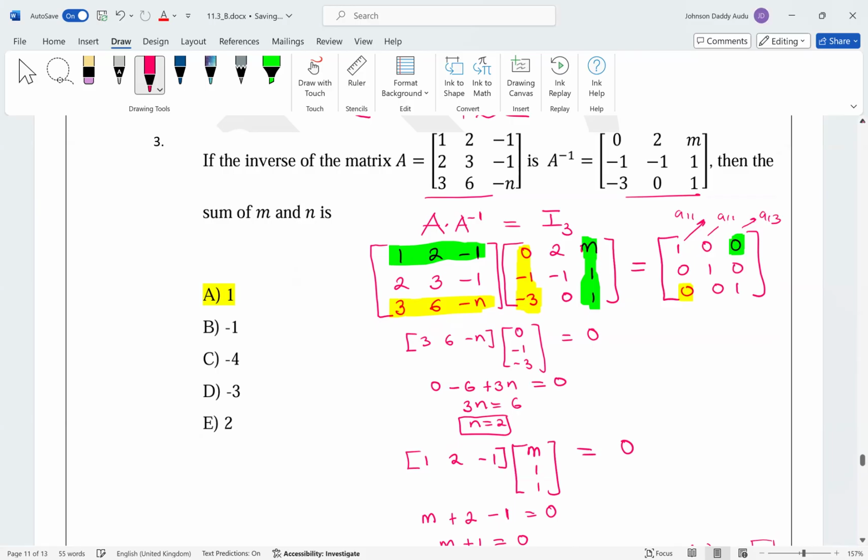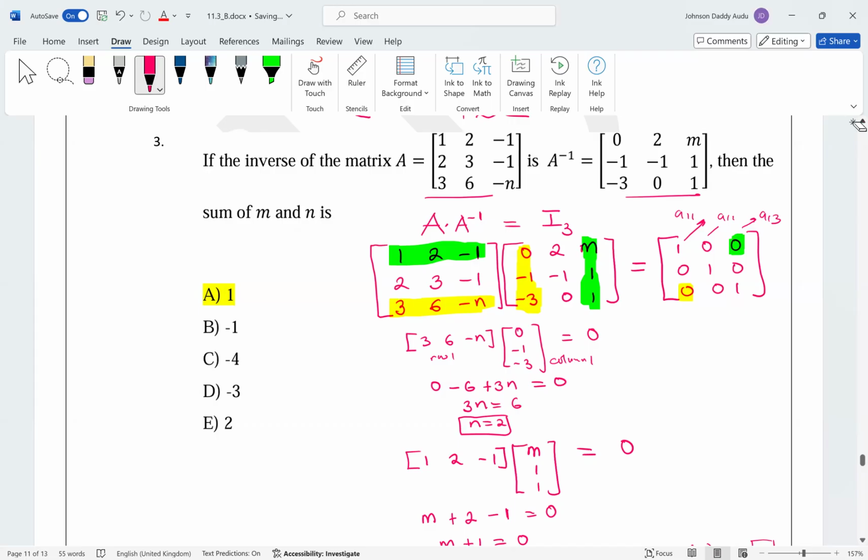So for A11, this is just row 1, coming from row 1 times column 1.